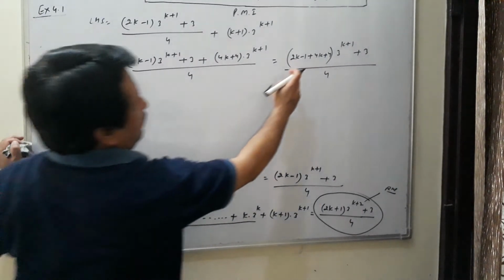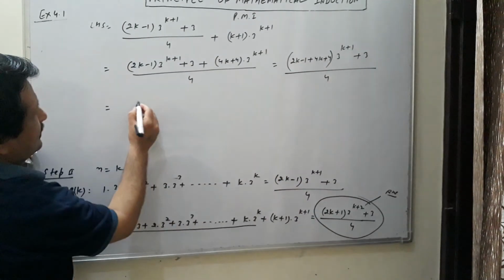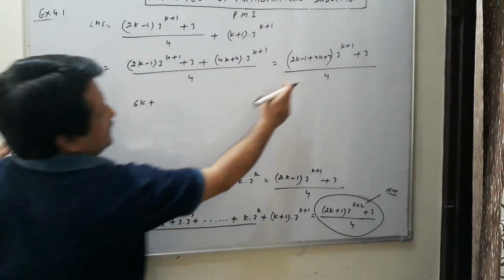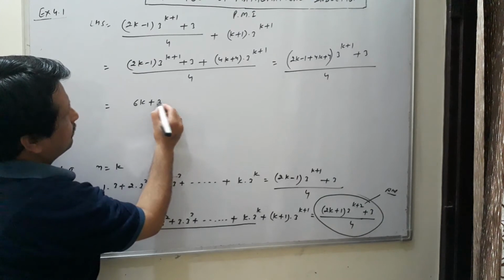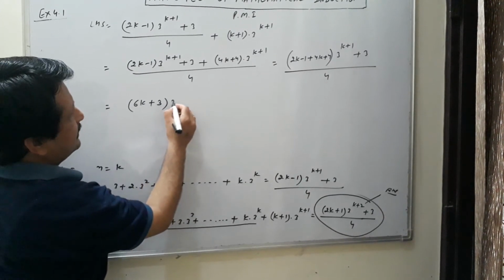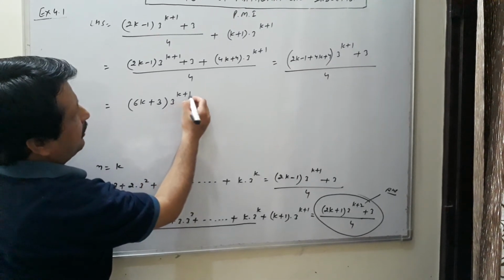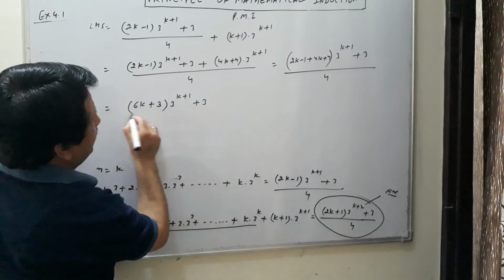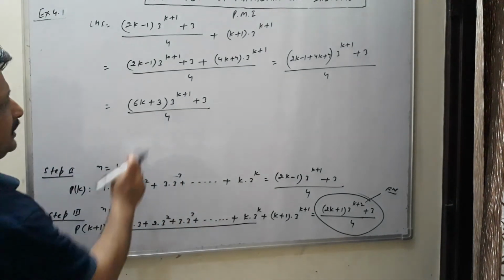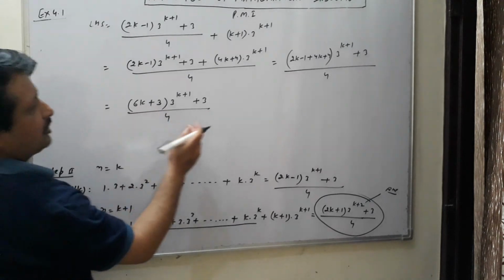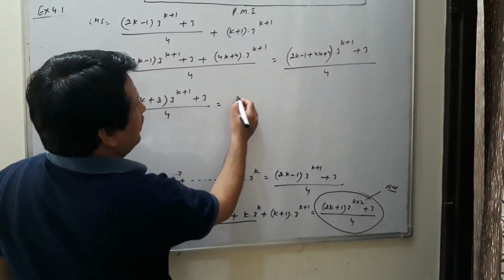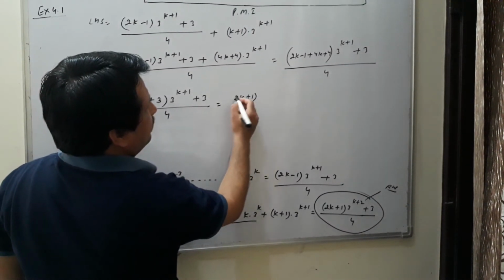And now we will solve it. 2k plus 4k, that is 6k. 6k plus 3. It's 3, its power is k plus 1 plus 3 upon 4 then, students. Now from here we will take 3 outside and it will come as 2k plus 1.